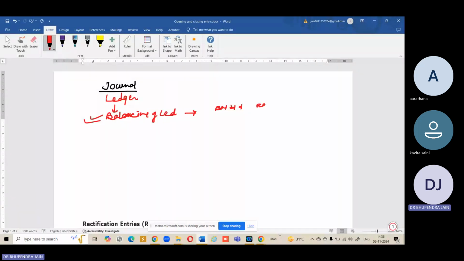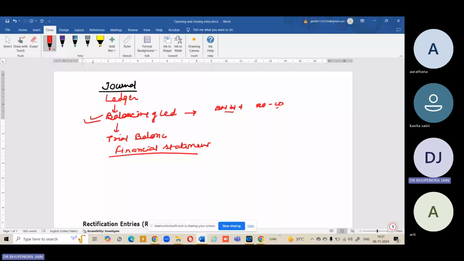And the next step is to prepare the trial balance. Then prepare the financial statement. So basically we can say there are a total of 5 steps: preparation of journal, ledger, balancing, trial balance, and financial statement.